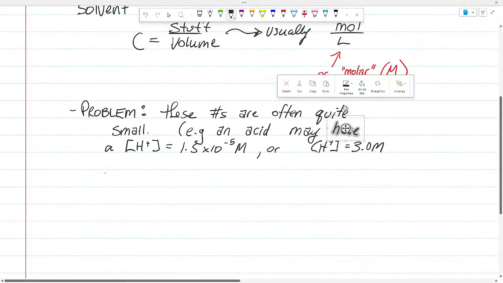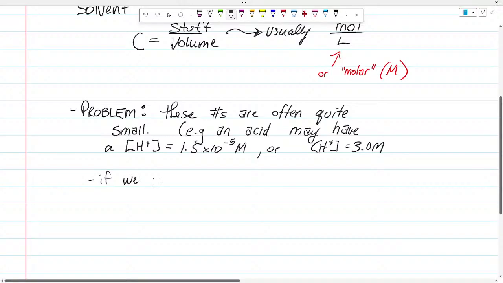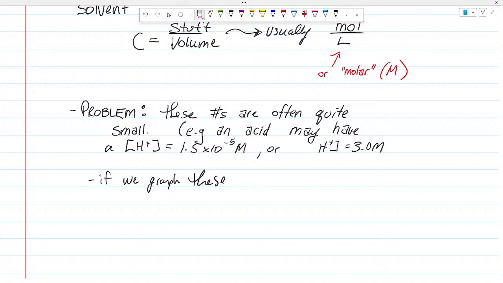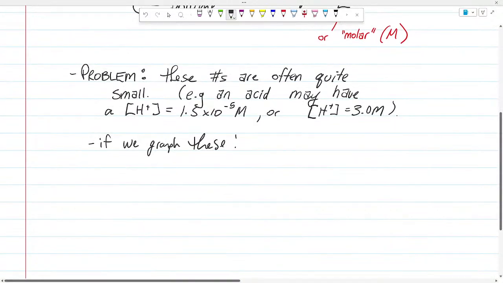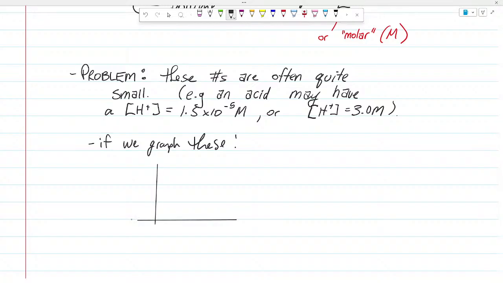If we put these on a graph, and we graph these, we're just going to sketch this, I just want you to kind of see the point. This acid, the 3.0 molar, would be up here, right?